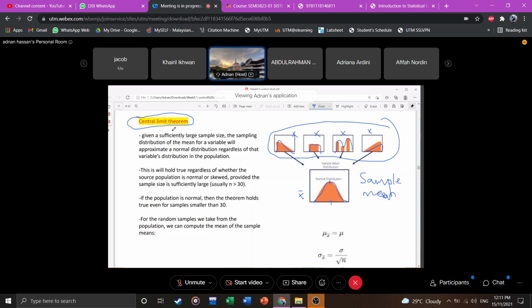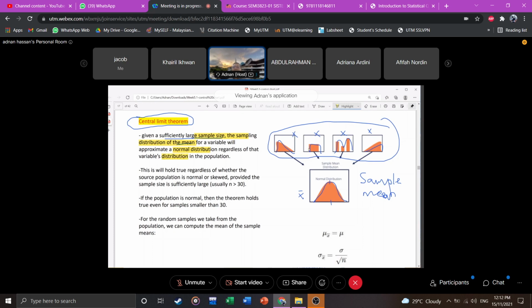So the central limit theorem says, given a sufficiently large sample size, the sampling distribution of the mean of a variable will approximate a normal distribution, regardless of the variable's distribution in the population.